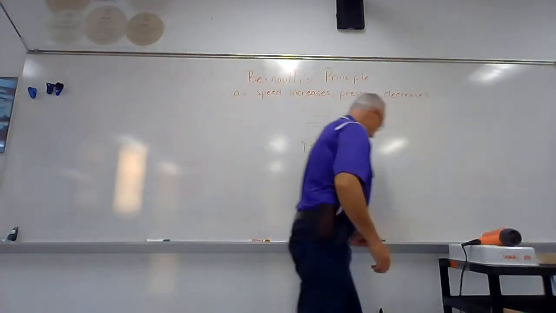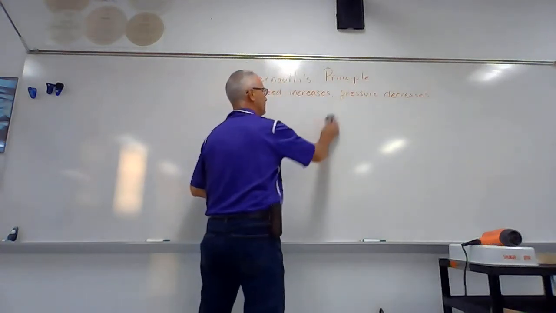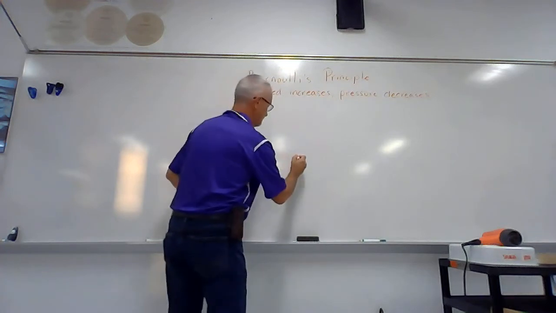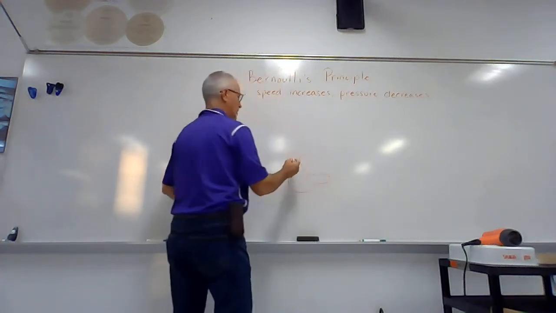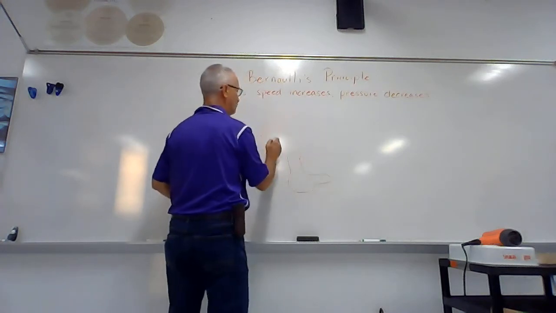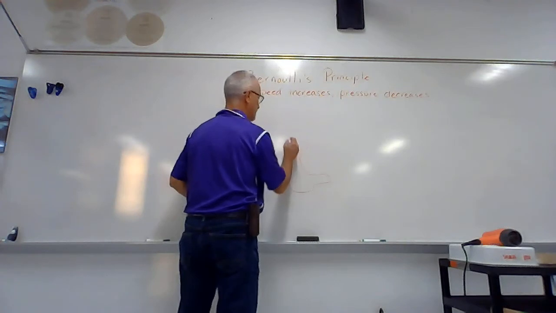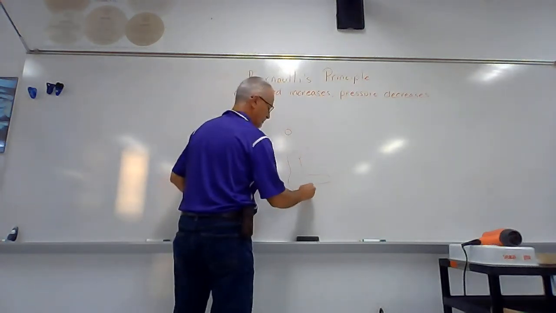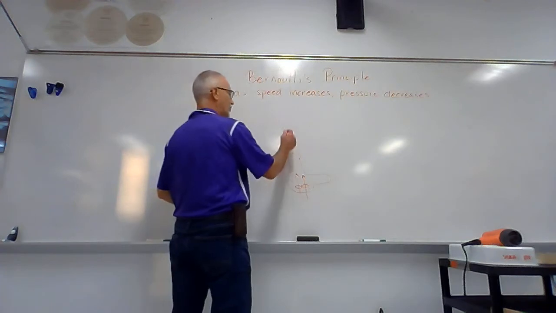Well, I'm going to draw the side view first, and I'll draw a top view. But the hair dryer, again, air particles are all here, all around us. And the tennis ball, I'm going to go ahead and draw the tennis ball. The hair dryer has a fan that's pulling in air particles and blowing them out.